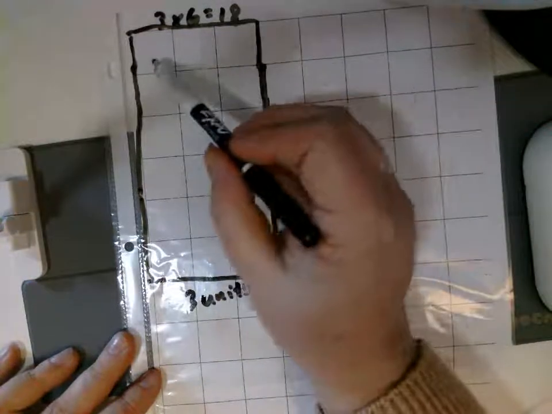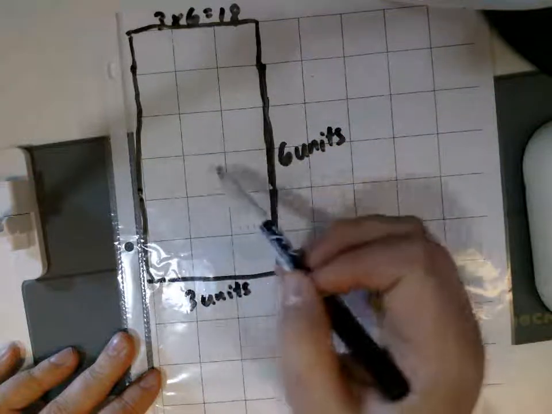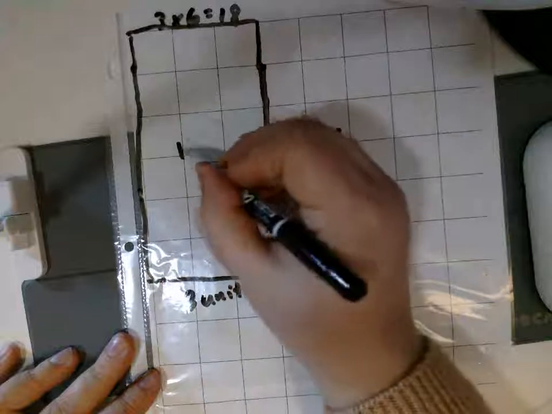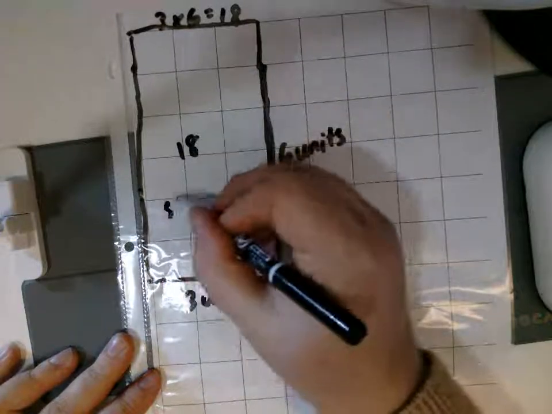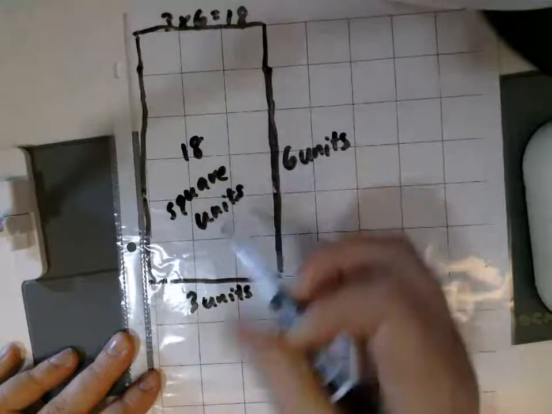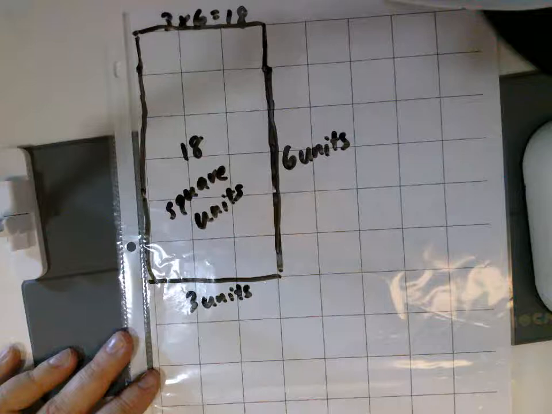Okay, so let's make sure. 1, 2, 3, 4, 5, 6, 7, 8, 9, 10, 11, 12, 13, 14, 15, 16, 17, 18. Perfect. Okay, and we're going to call these 18 square units. Okay, because that's the whole surface area of our grid.